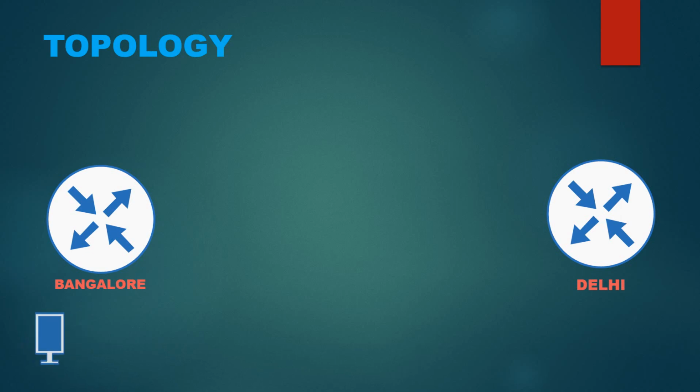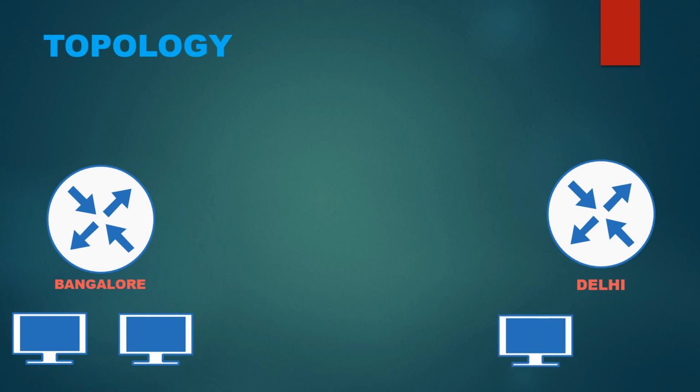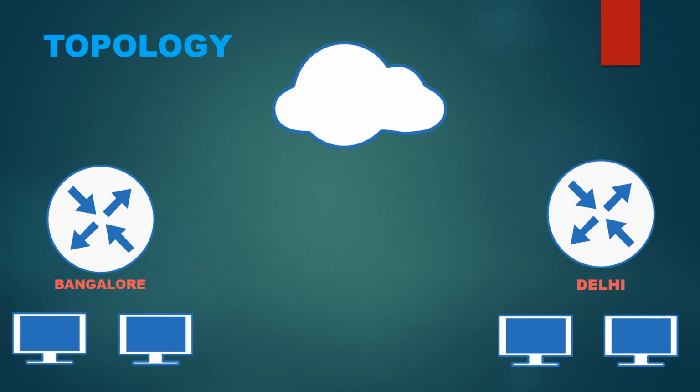For Bangalore and for Delhi, both, we have some networks. Now here we're going to transfer the traffic through the service provider network. Configuration-wise, it is very straightforward and simple.